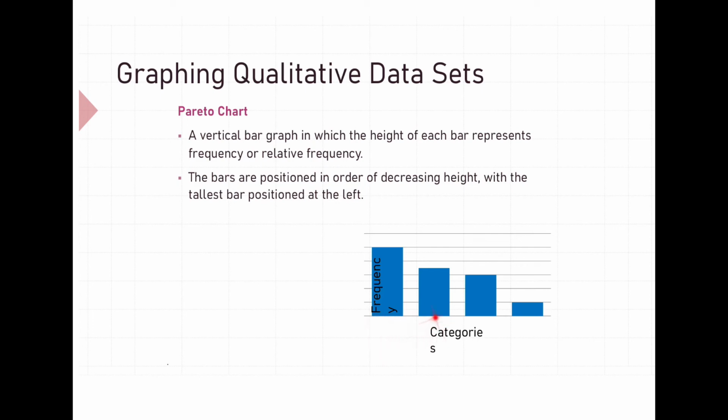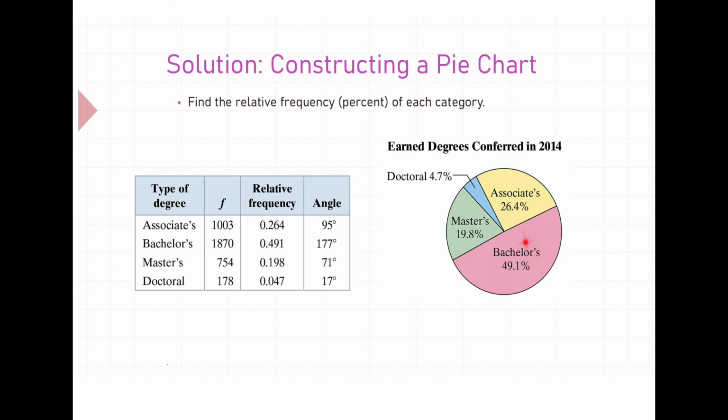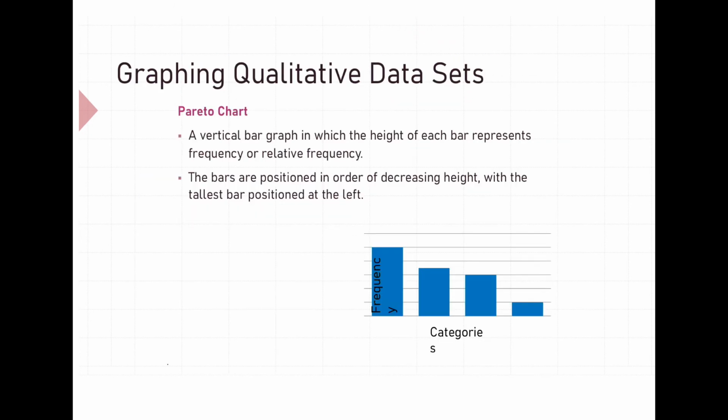Bachelor's was the biggest. So we would have bachelor's, then associates, then master's, then doctoral, right? So we put them in order of decreasing height with the tallest bar over on the left. That's what makes it a Pareto chart. Otherwise, it's just a bar chart if they're in a random order.